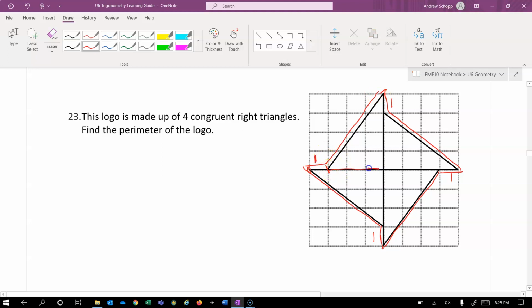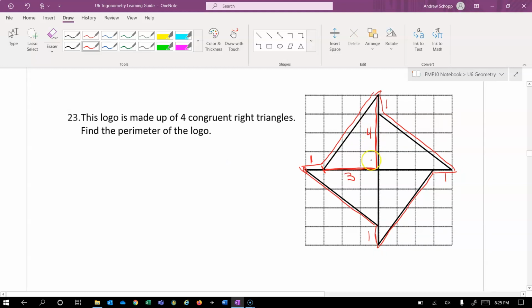So if we know that this side length is 3, and this side length here is 4, and they meet at a right angle, then we can use the Pythagorean theorem to find this side length here. So 3 squared plus 4 squared equals x squared, square root both sides.